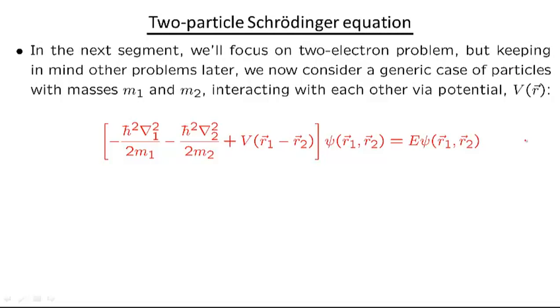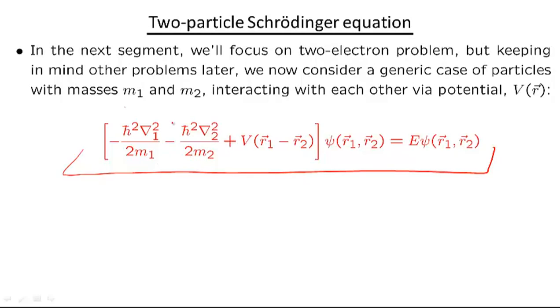So here we're interested in analyzing this two-particle Schrödinger equation, and to make things general for the sake of lectures later in the course, I'm considering two different particles with masses m1 and m2, but in the next segment we'll work with the two electron problem where m1 is equal to m2.